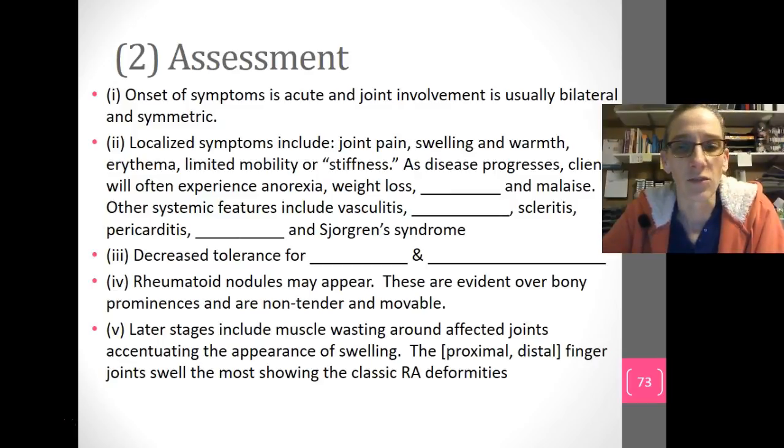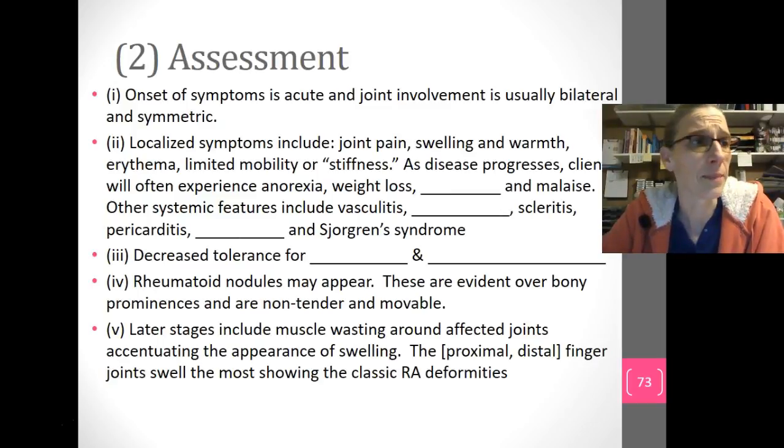All right, that's when you have these real dry mucous membranes. These patients also have a decreased tolerance for stress and environmental temperature changes. So they cannot go to the extreme heat or the extreme cold. It really bothers them.